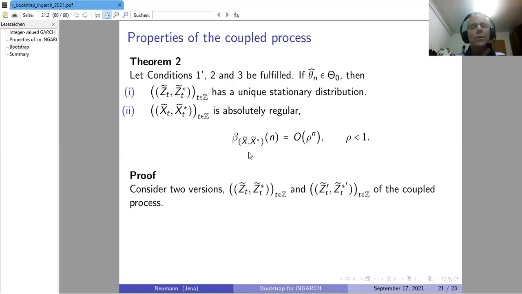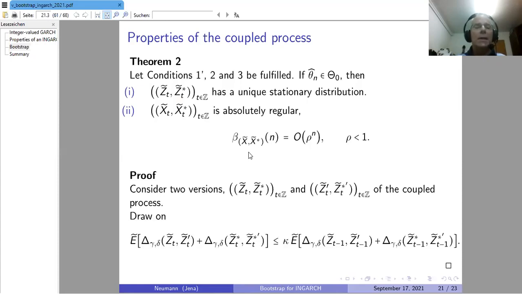So the proof is more or less as before. Now this time we consider two versions of this coupled process, and we just use this result, which I have described already.